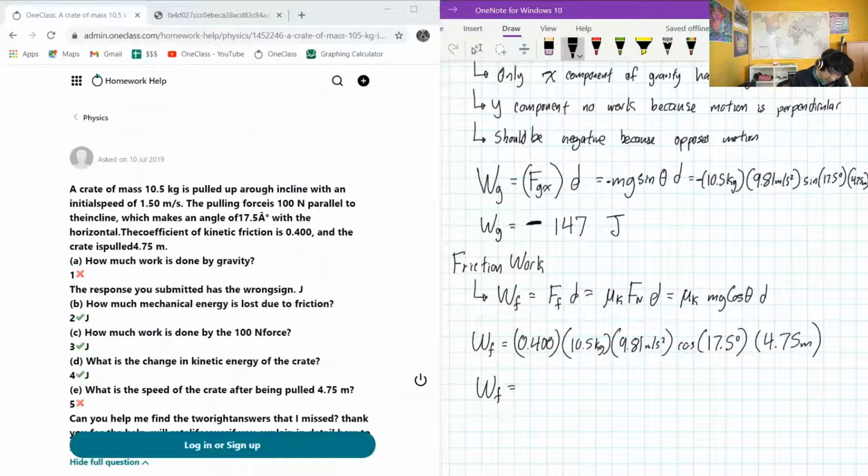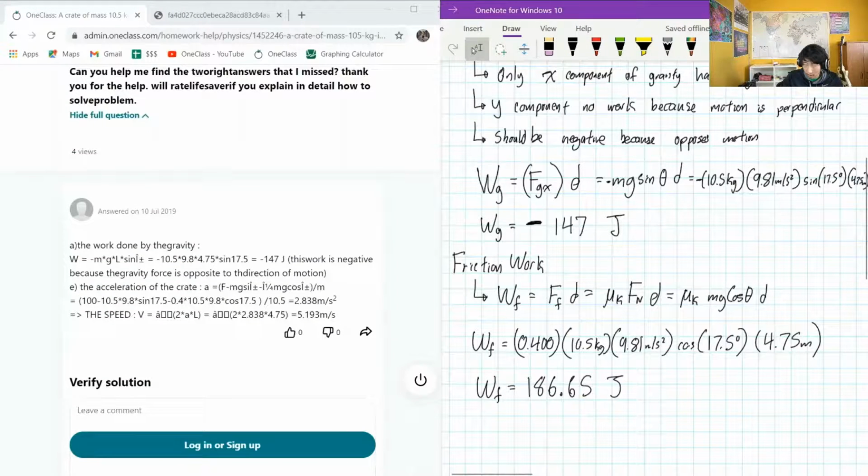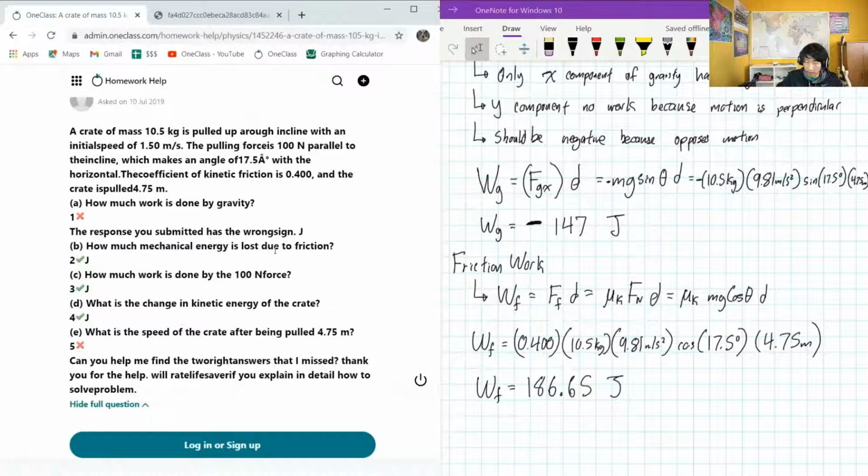And my calculation for this was 186.65 joules. Okay, do we get the same answers here? Yep. Okay, so this person only did A and E. It would be better to address all of the questions, but it's cool.